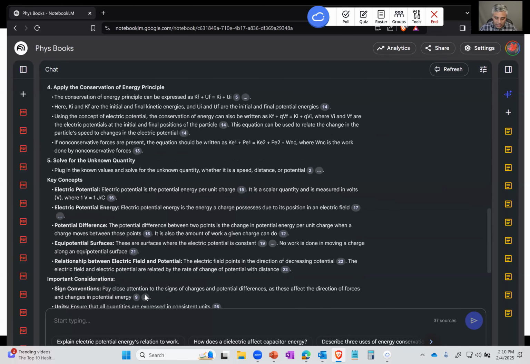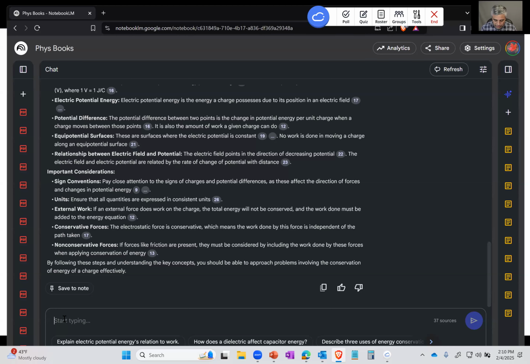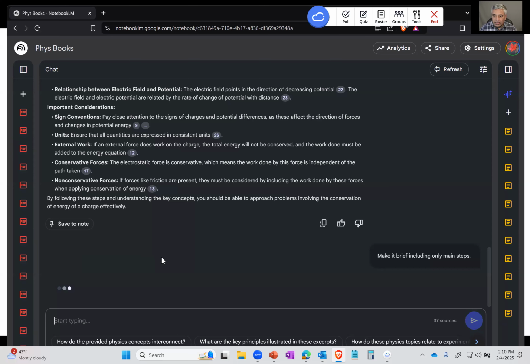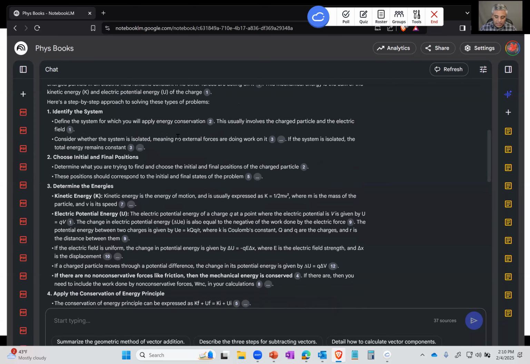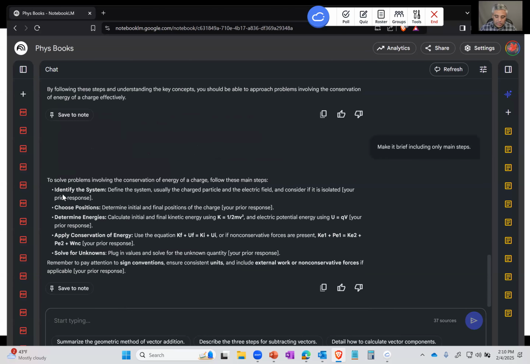Now I would like to refine this. Could you make it brief, including only main steps? Let's see what it does. Okay, I'm just doing this right now. So now it has made that long information shorter.